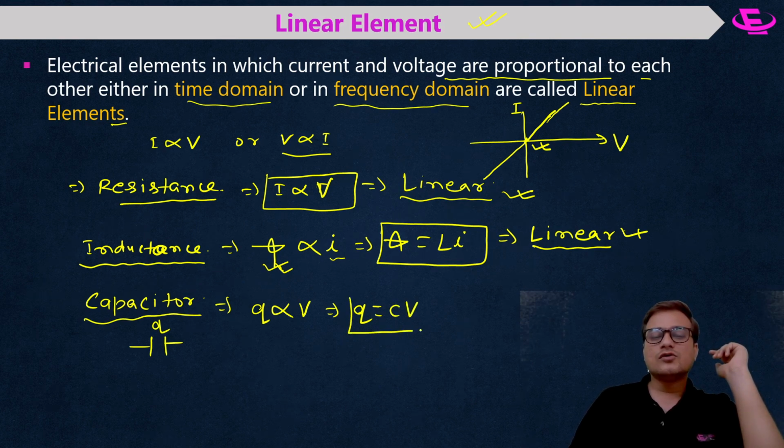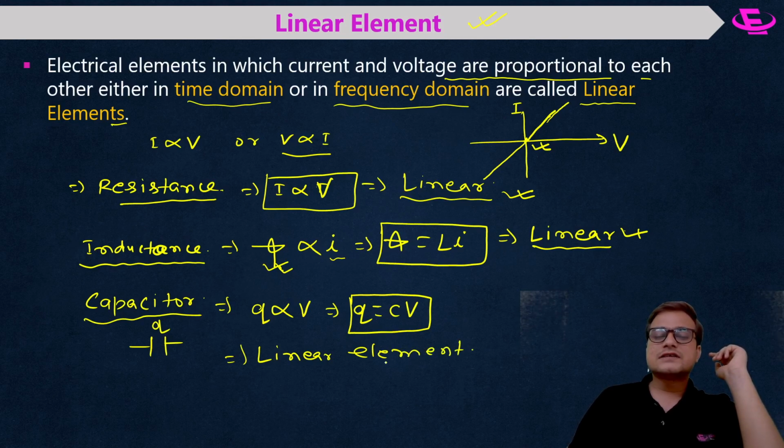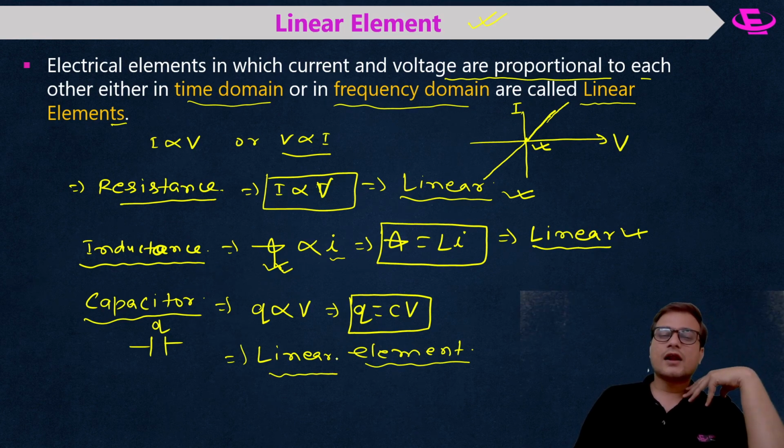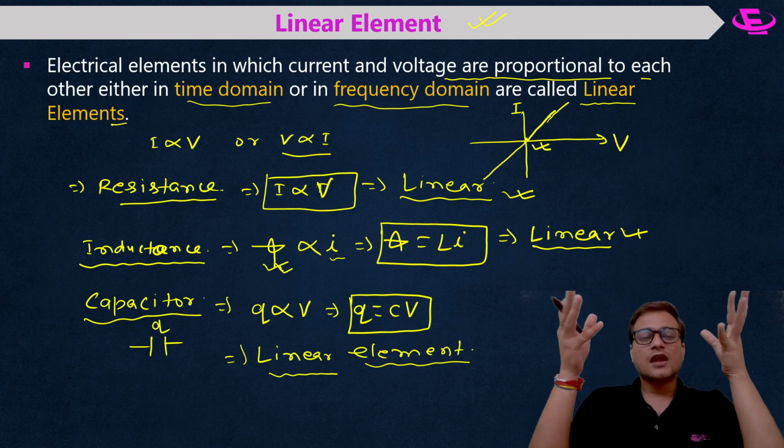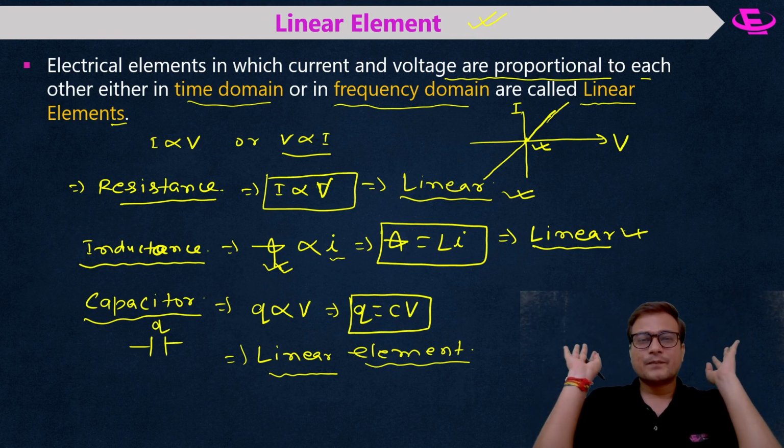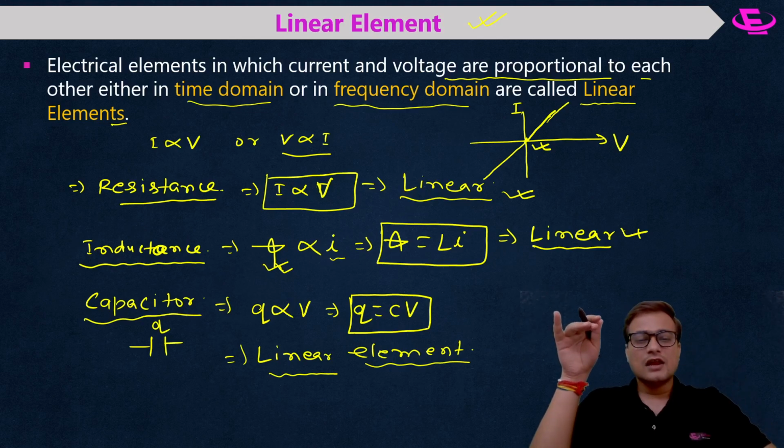So Q equal to CV, it means it is also a linear element. Right now I won't discuss anything about Laplace transform. Otherwise I would have shown you how the current and voltage are proportional in the case of inductor and capacitor in frequency domain. So this is about linear elements.